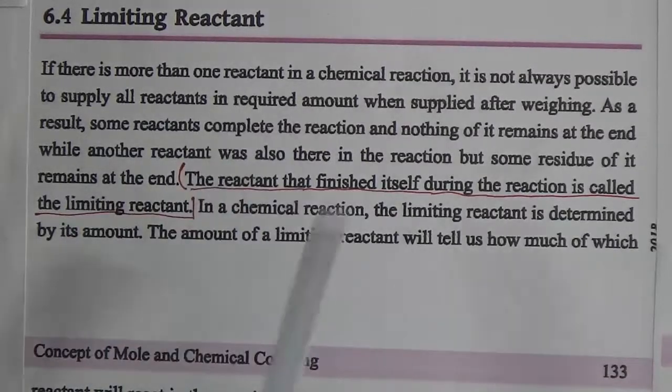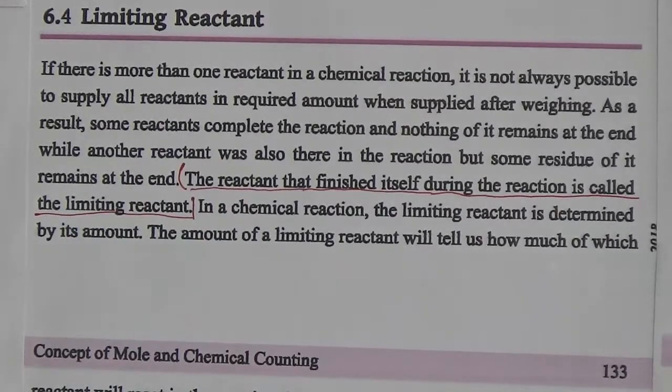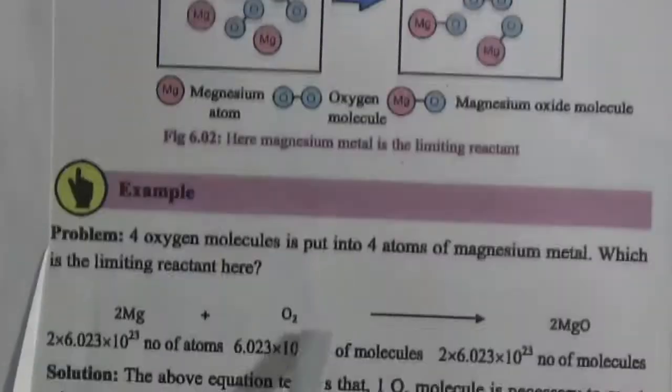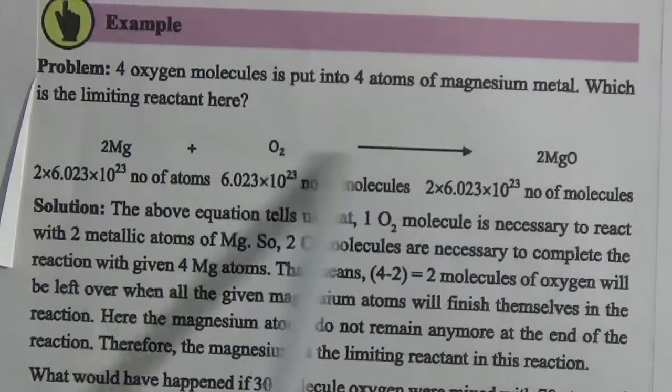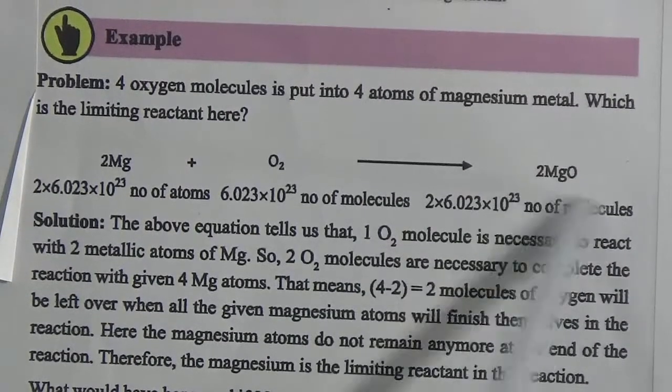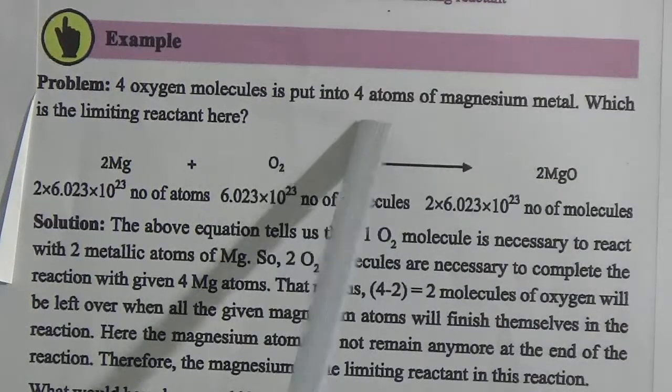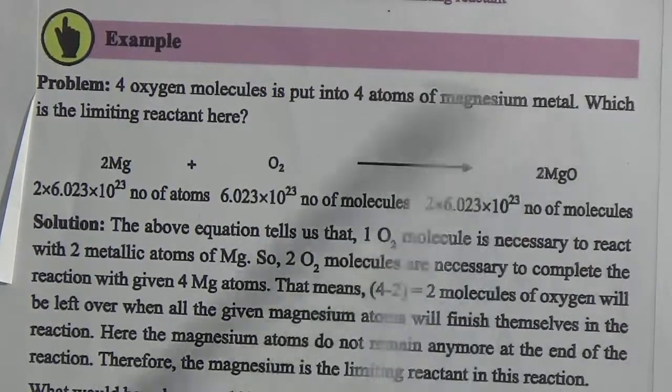And here 4 oxygen molecules are put with 4 atoms of magnesium metal, which will be the limiting reactant here? Here 2 magnesium and oxygen react and produce 2 magnesium oxide. According to this, there are 4 magnesium atoms of magnesium metal.